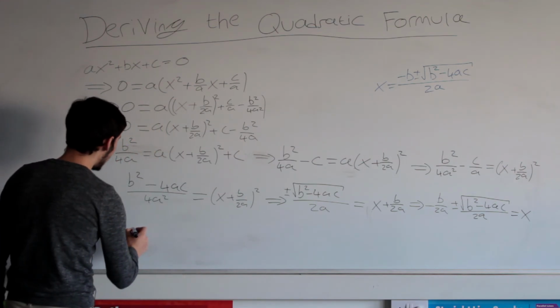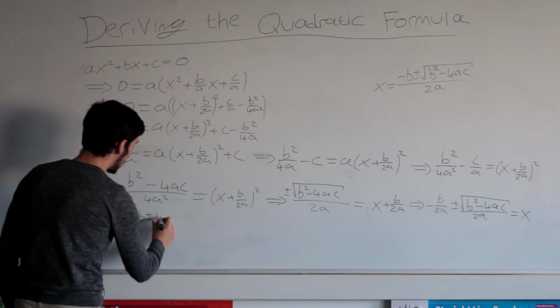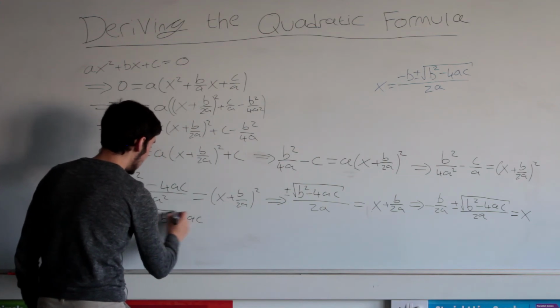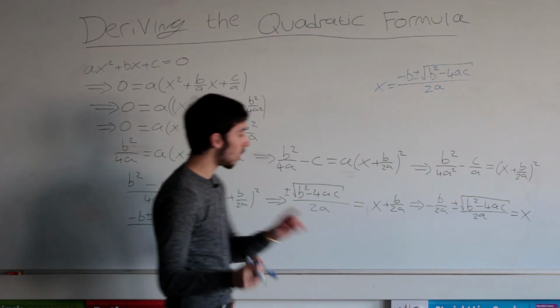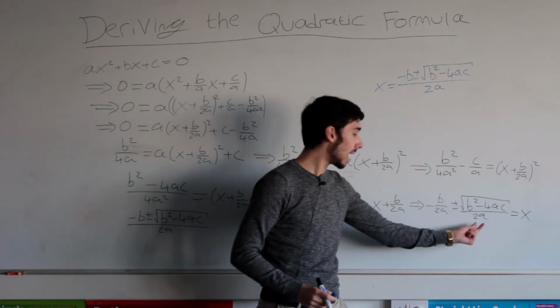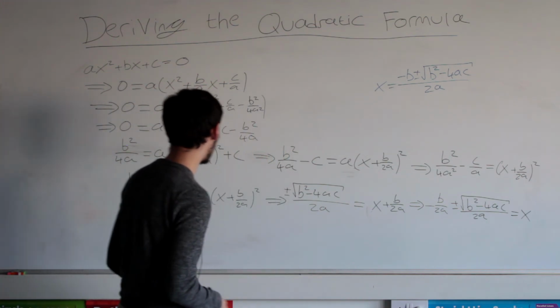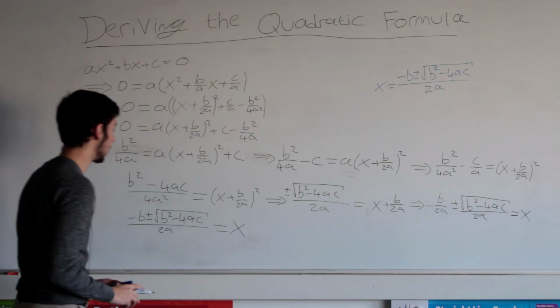But this is simply going to be minus b plus or minus the square root of b squared minus 4 times a times c, all over 2a, because this was over 2a and this was over 2a, so now they're both over 2a. Perfect. So this is still equal to x.